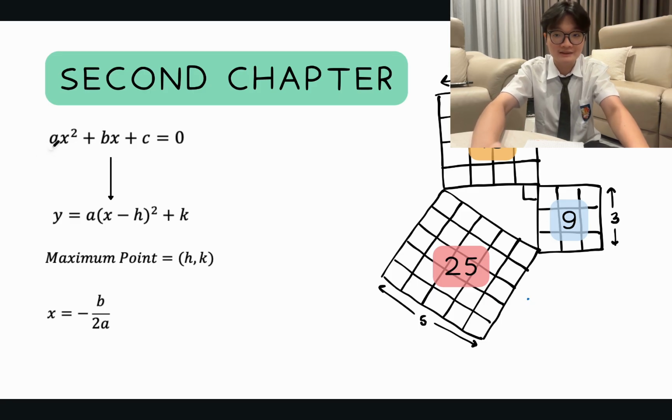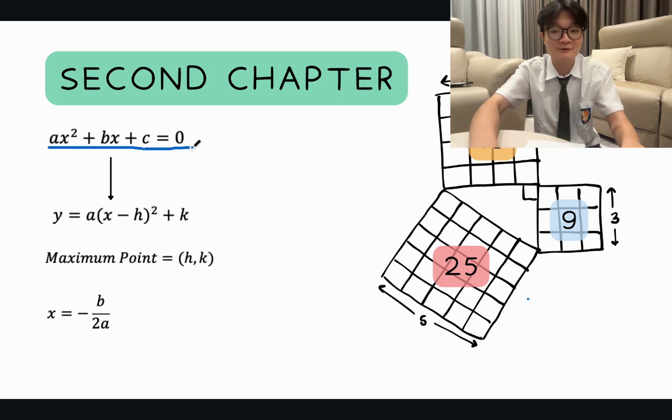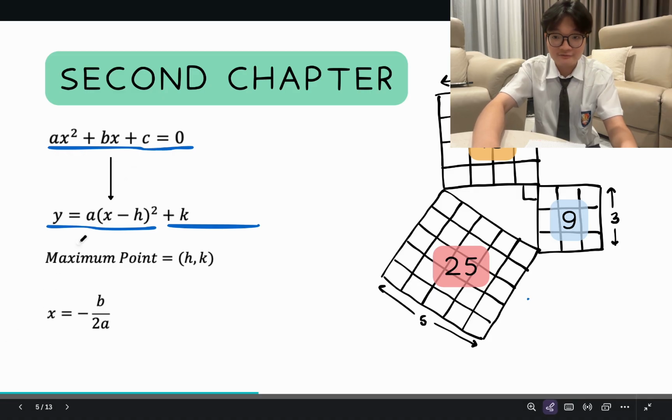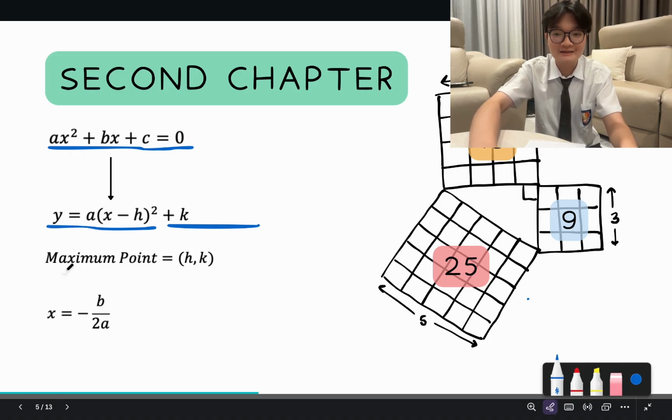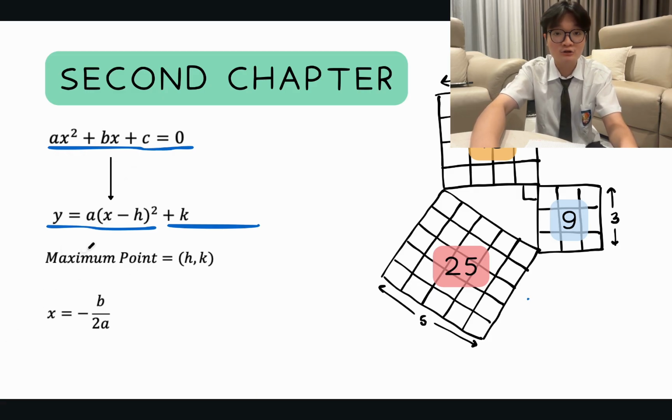From this, we need to convert that basic formula into y equal a times (x minus h) squared plus k. After we convert it, we can find the maximum point, which is (h, k).